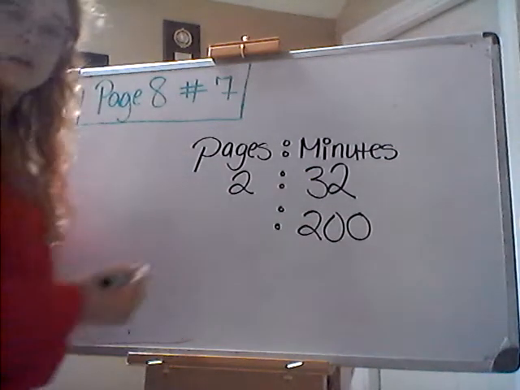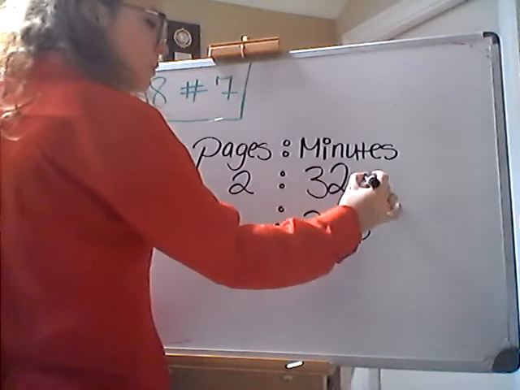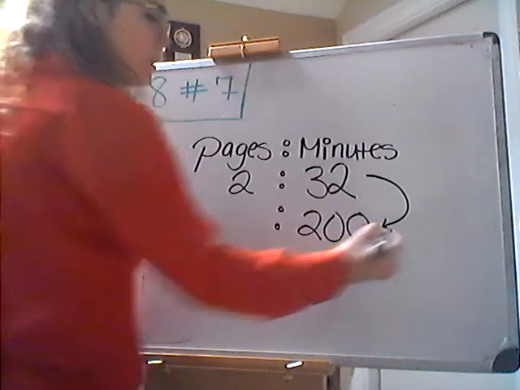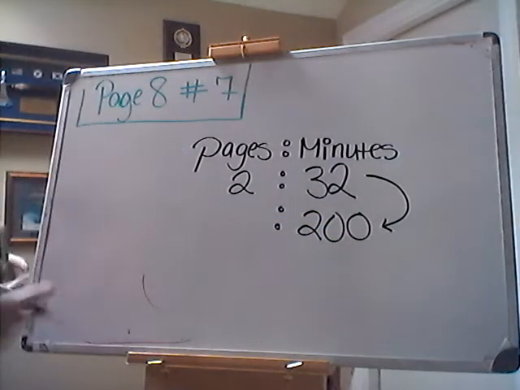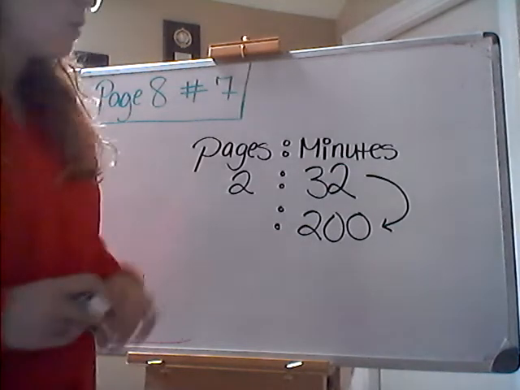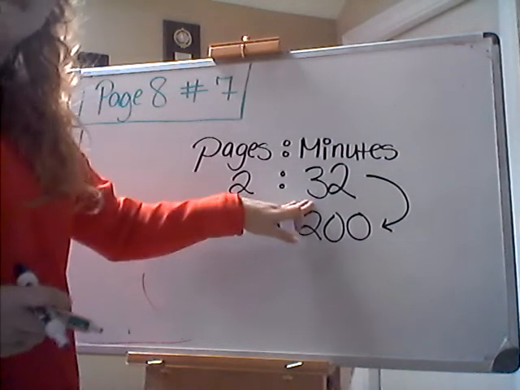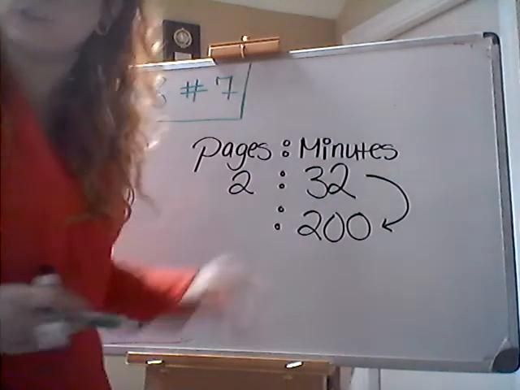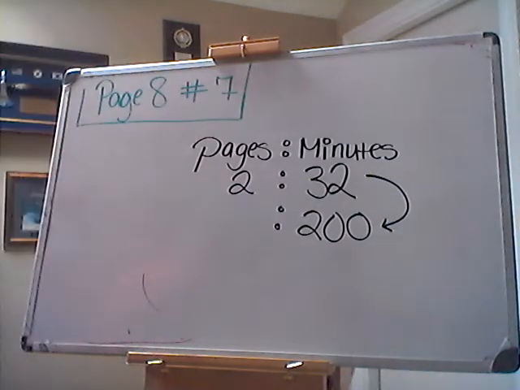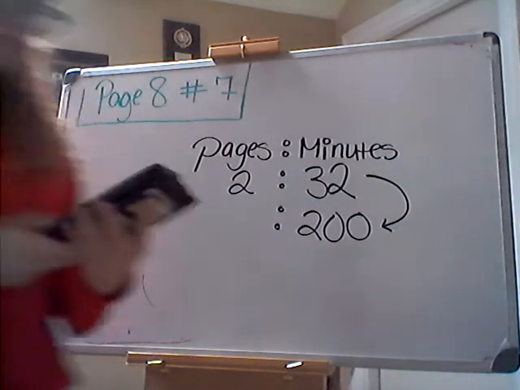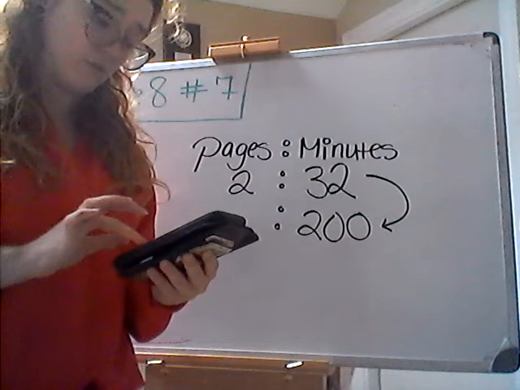So what we want is to make this 32 become a 200, and that's also not going to be very easy. If we want to know what we can multiply 32 by to get 200, we can use a calculator. We can do 200 divided by 32.